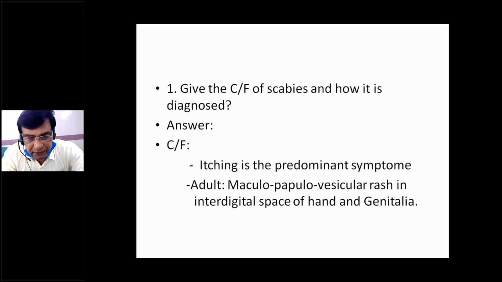And in adult, you will get papulovesicular rash, not macule, but papulovesicular rash in interdigital space of hand and external genitalia. Groin and external genitalia, these are the common site of affection of the scabies.